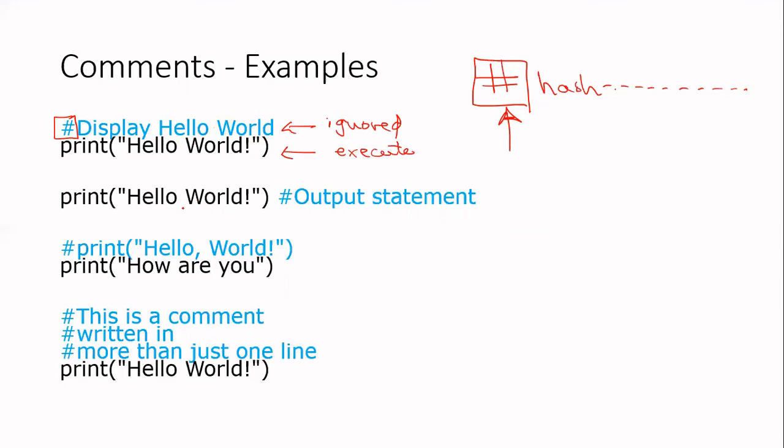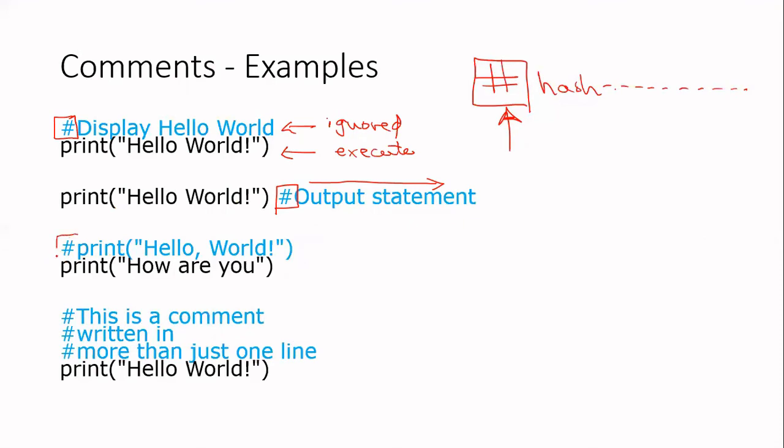You can write a comment in a different way, where the comment now is placed after the statement. So everything thereafter is ignored. If we look at the next comment, it could happen sometimes we write a particular statement in Python, but we want to block it out temporarily, but we don't want to remove it totally.